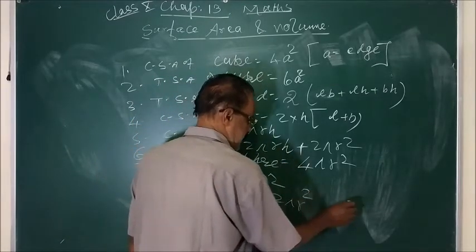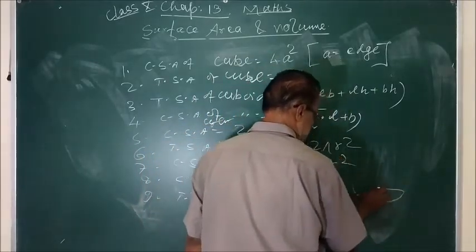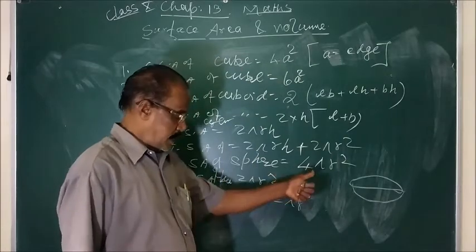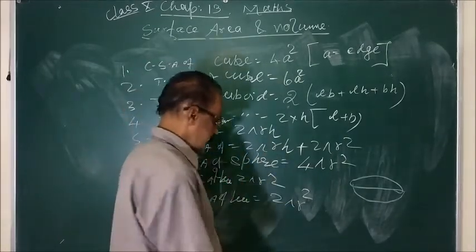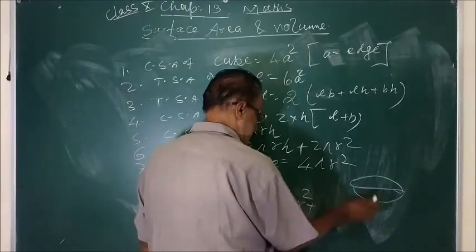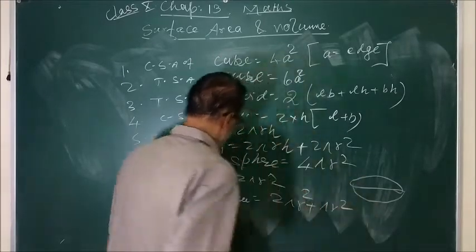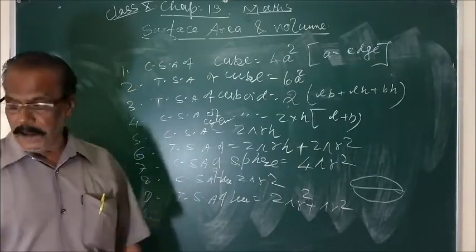Why, sir? Because when you cut a sphere, one circular portion is formed there. So the total surface area of a hemisphere will be 2 pi r square plus pi r square.